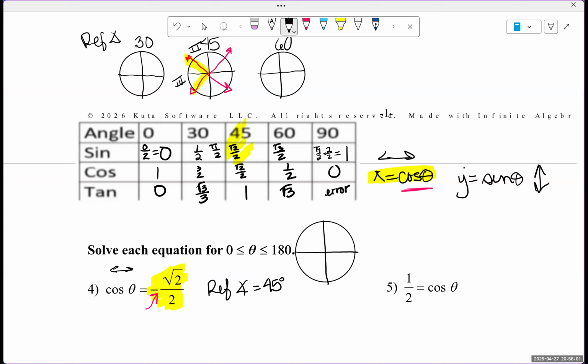And if it's a reference angle of 45 degrees in quadrant 2, then this is going to be 180 minus 45, which is 135.